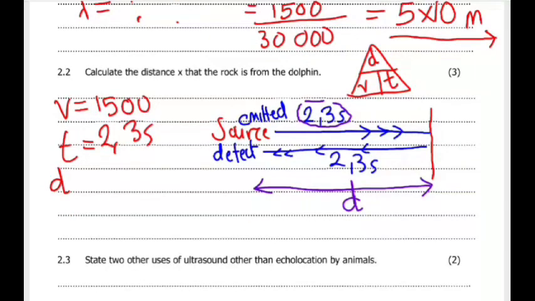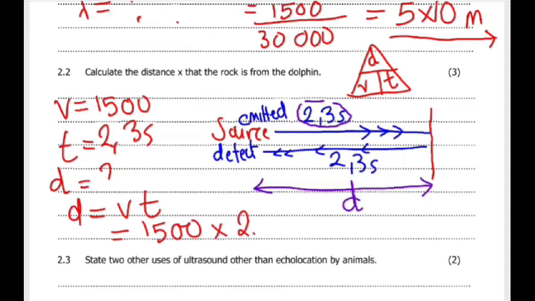If we go to this triangle, we'll discover that the distance is speed times time, which is 1,500 times the 2.3, 3,450 meters away.